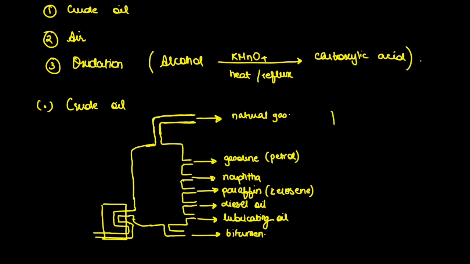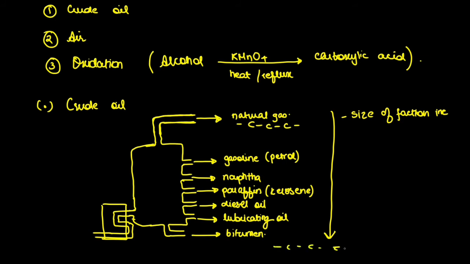Right, now down the fractionating column, the size of fraction increases. Now what do I mean by size of fraction? The carbon chain. Now I'm just taking a random number, it's not the true value. For example, if one has, let's say, 3 carbons in its chain, bitumen will have a lot more carbons, let's say 40. I'm not going to draw that, but you get the idea. That means size of fraction increases. Next, boiling point increases.